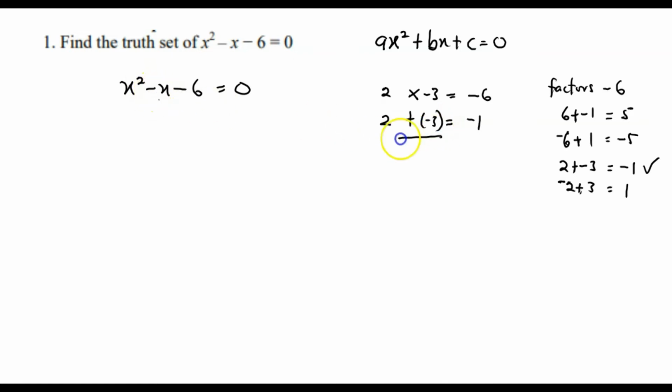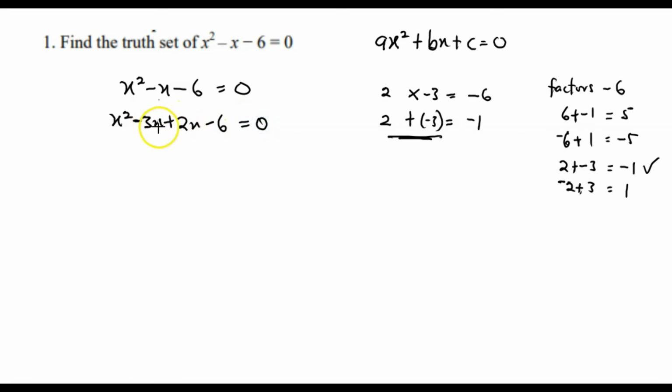Therefore, the two numbers are 2 and negative 3. So, we are replacing the negative x term with the two new terms so that it will make the trinomial a 4-term polynomial function. So we'll have x squared minus 3x plus 2x minus 6, and this must be equal to 0.